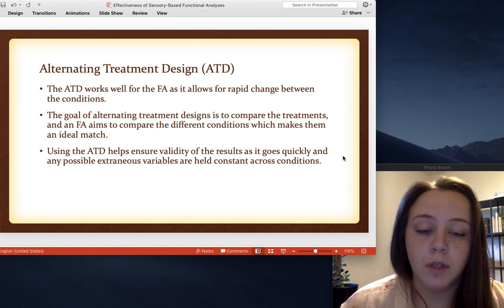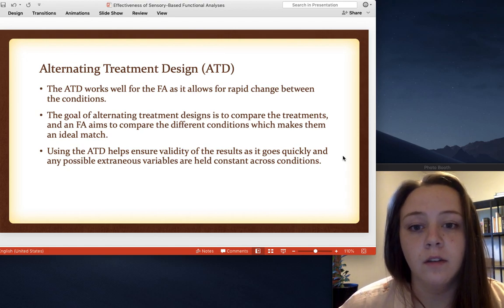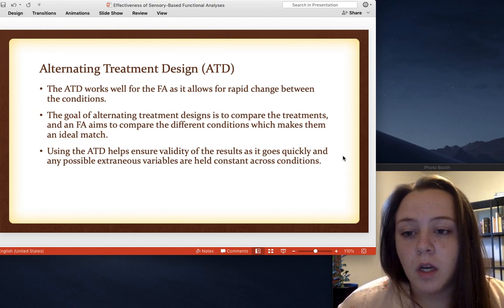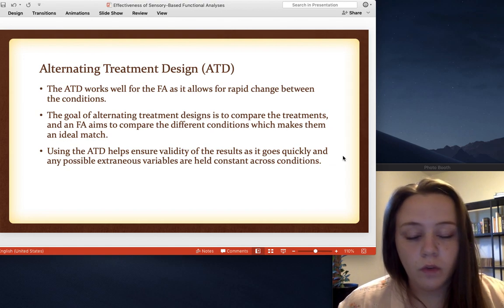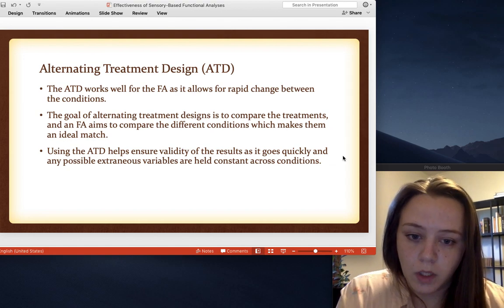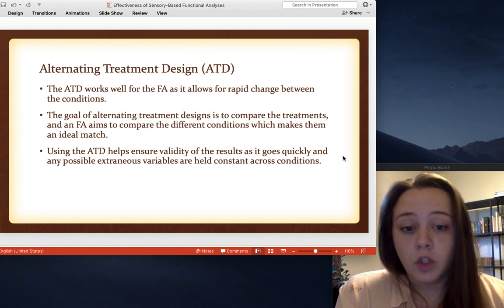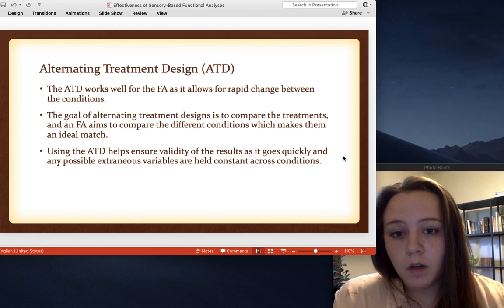So alternating treatment designs allows for us to do this, and it is therefore one of the best for functional analyses. And then again, just that validity piece is good for the functional analysis, as we can ensure that we had control over the problem behavior.